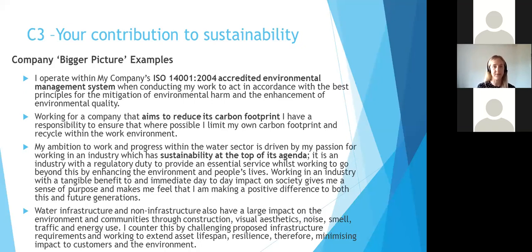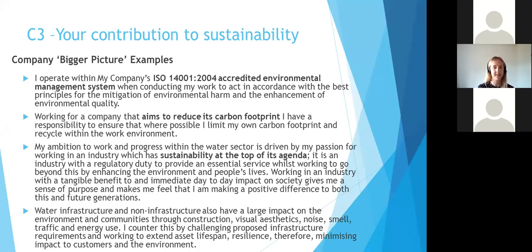And then the final example here, talking about the impact that their particular industry has on the environment as the first part of the response. So again, water industry focused: water infrastructure and non-infrastructure have a large impact on the environment and communities through construction, visual aesthetics, noise, smell, traffic and energy use.